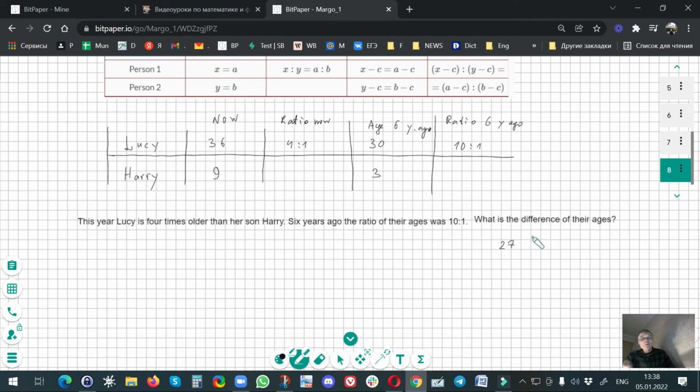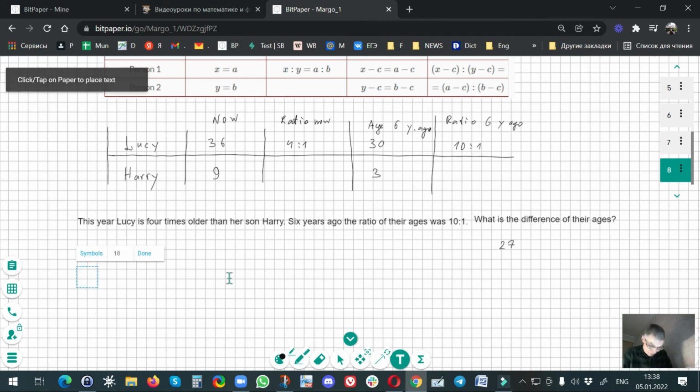When we ask about the ages, we should specify at what time. For example, we could have asked another question: what will the ratio of their ages be in, for example, 10 years?